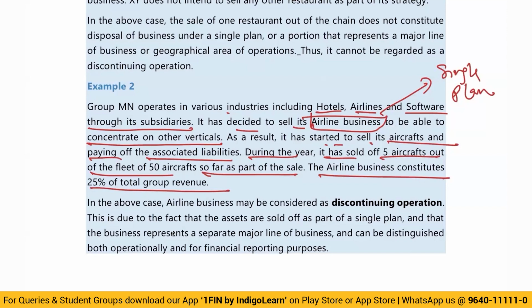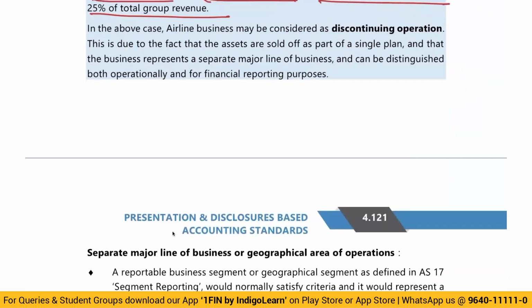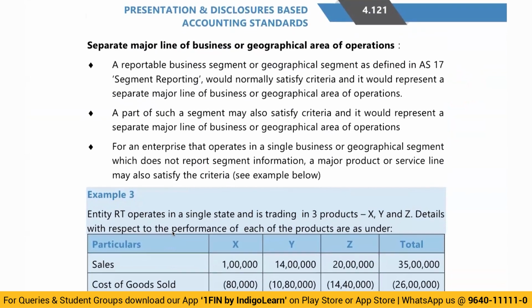We have 50 aircraft to sell, but we have been able to sell only 5. But there is a single plan. It has decided to sell its aircraft and its airline business as part of a single plan, and it is 25% of the group revenue, a major part of the overall business, hence it can be considered a discontinuing operation.